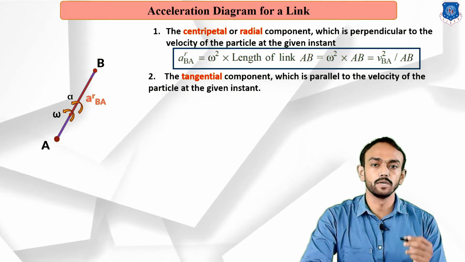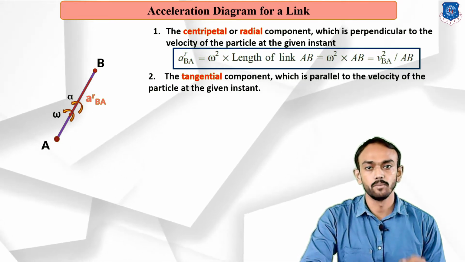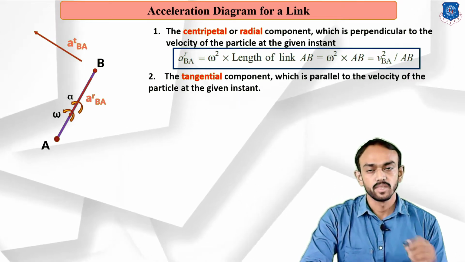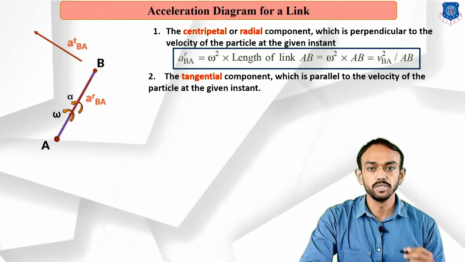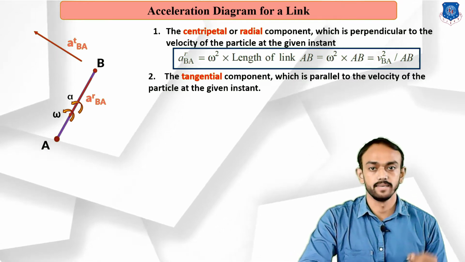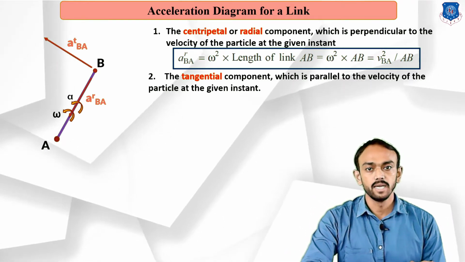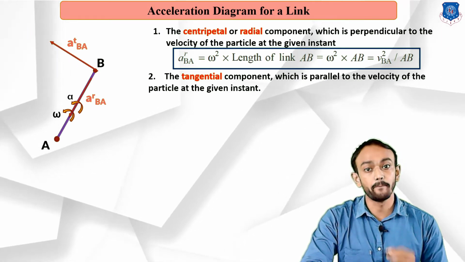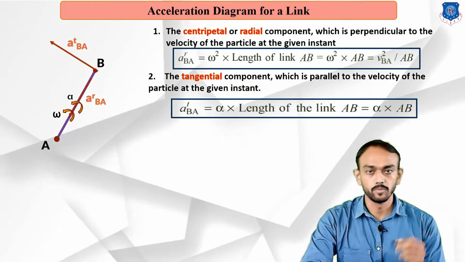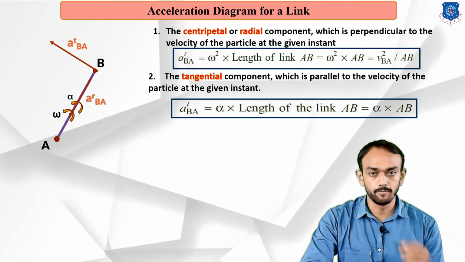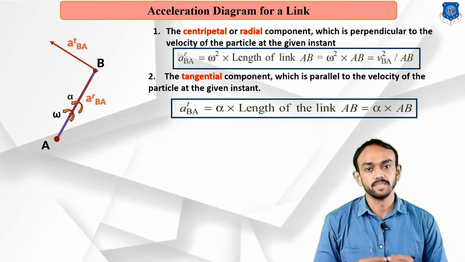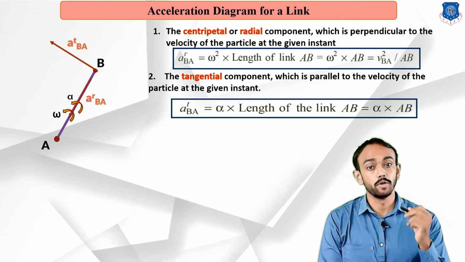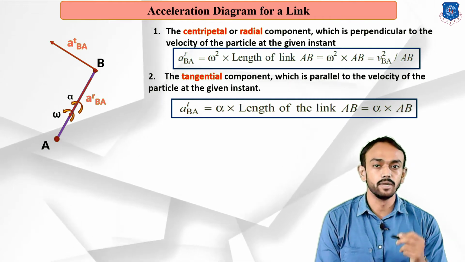You can see a_tBA means tangential acceleration of B with respect to A. The direction is perpendicular to the link, or parallel to the velocity. The formula is a_tBA equals alpha into the length of link AB, where omega is the angular velocity and alpha is the angular acceleration.